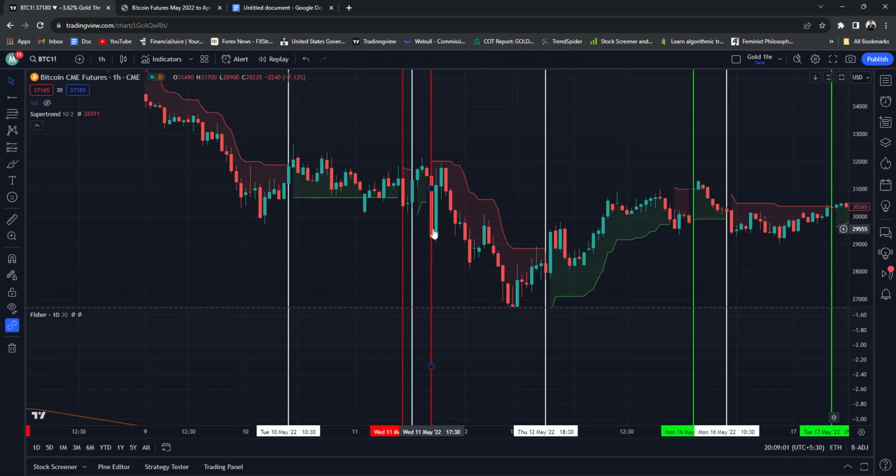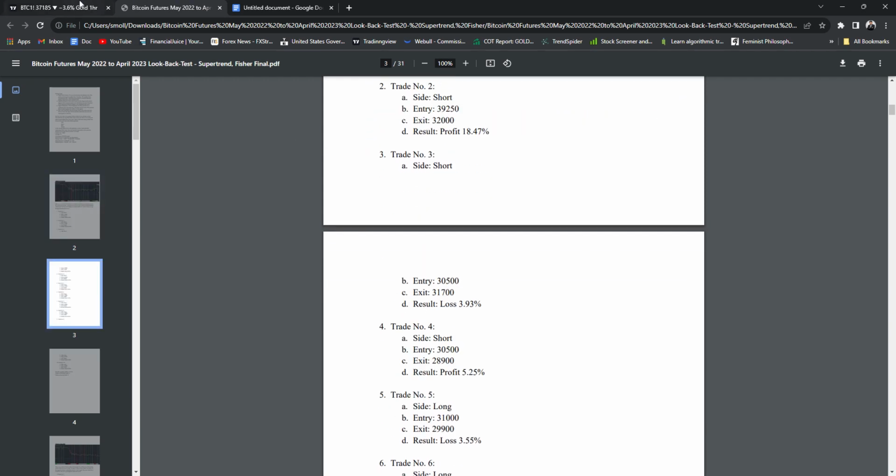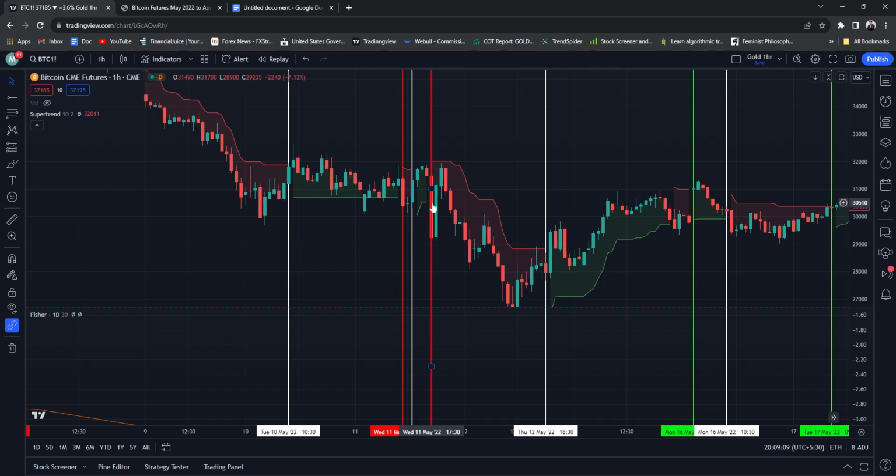Like in this case, we might have entered around 30,500, but it went to 32,000, which is like 4% on the negative side.